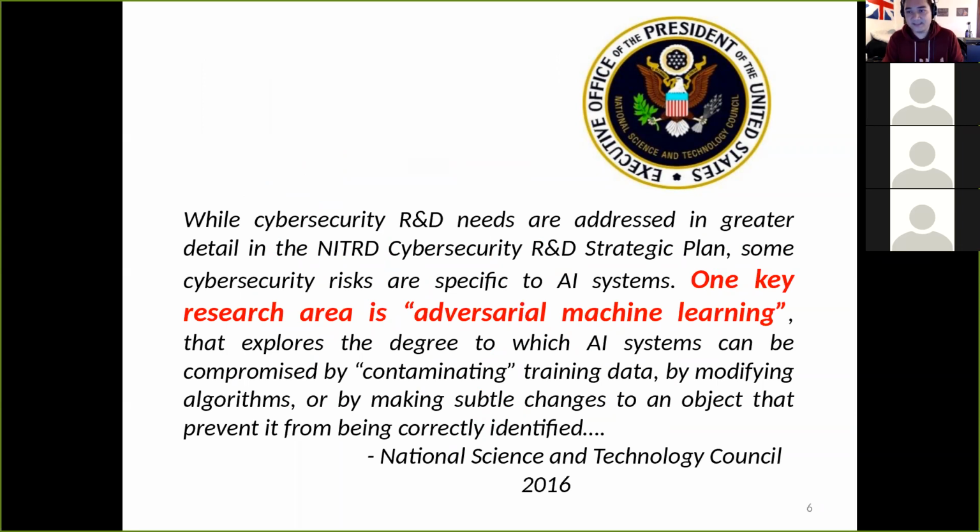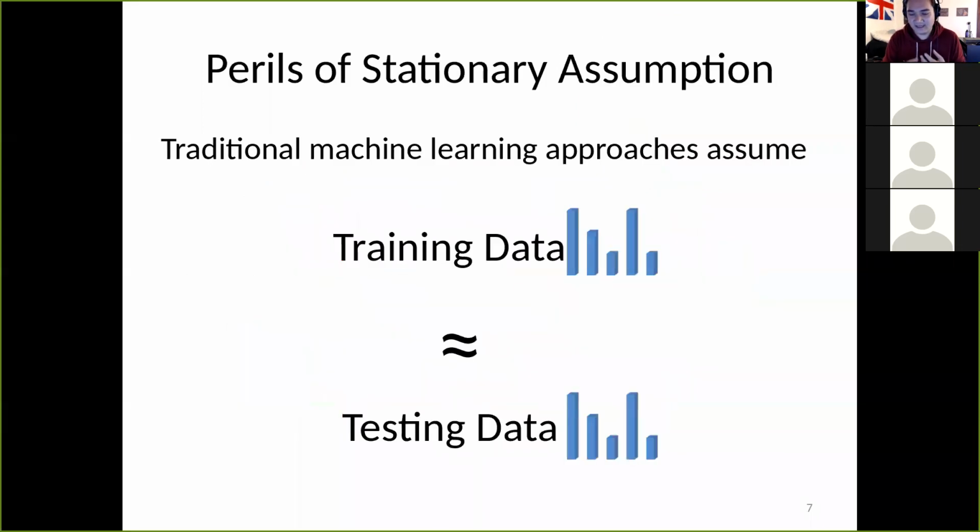And the big place that adversaries try and exploit is this stationarity assumption. Traditional machine learning always assumes that the training data that you pass in is the data that's going to be used in the real world. Right? We always assume that we're trying to model the same input distribution to get the same test time distribution.